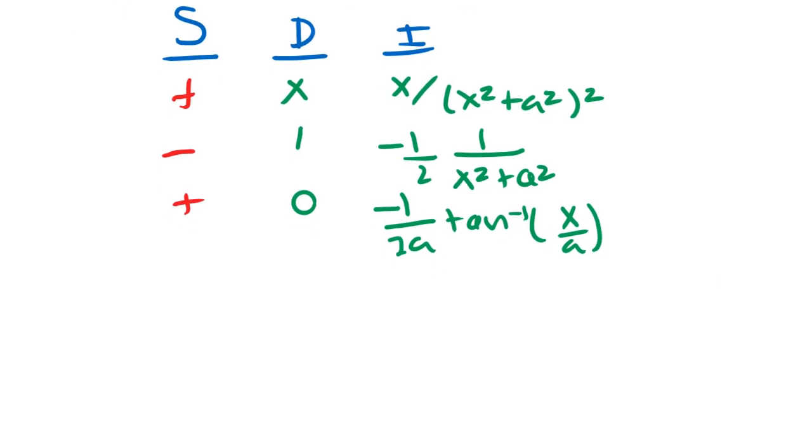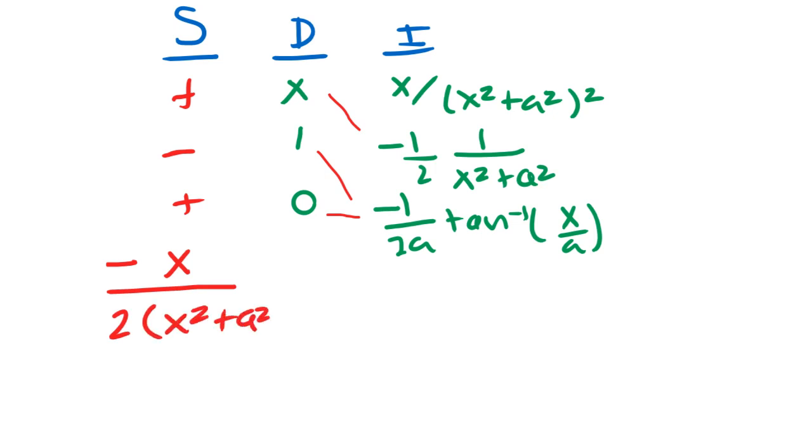Where we'll just say, okay, well, sort of like tic-tac-toe. So we have that we go down here and down there and then down that way to get the plus c. So in any case, that's going to be negative x over 2 times x squared plus a squared.